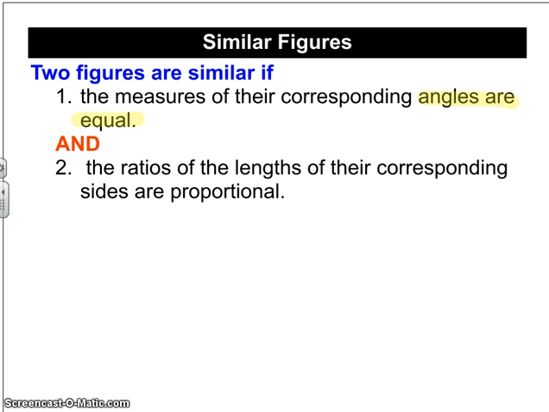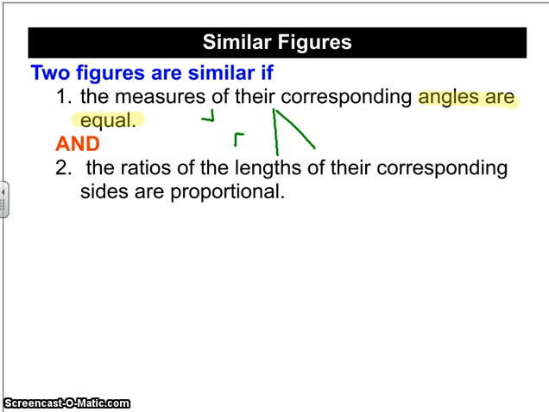So if you have a square, we know all the angles are 90 degrees, and then we have another shape, a rectangle. Oh my goodness, this is a bad example. Let's go back. Let's do a triangle again.